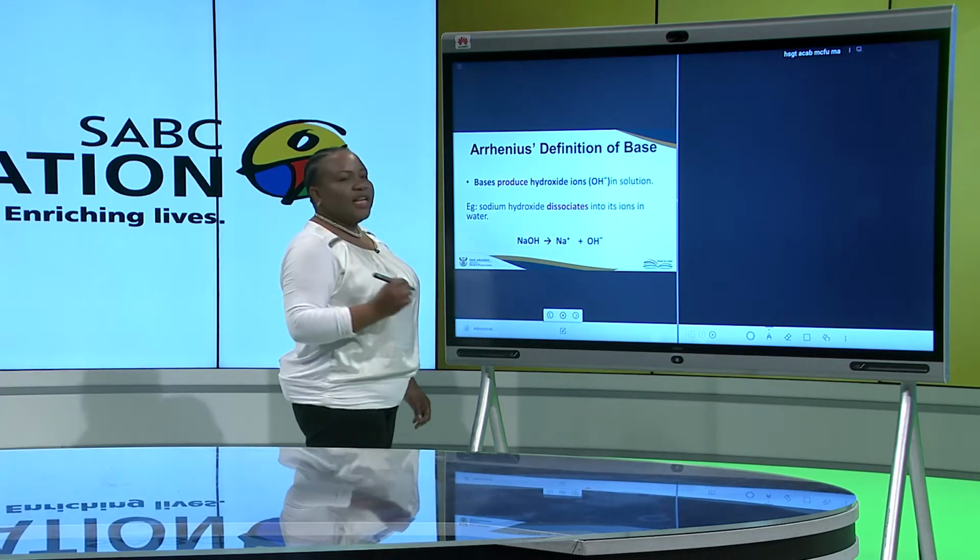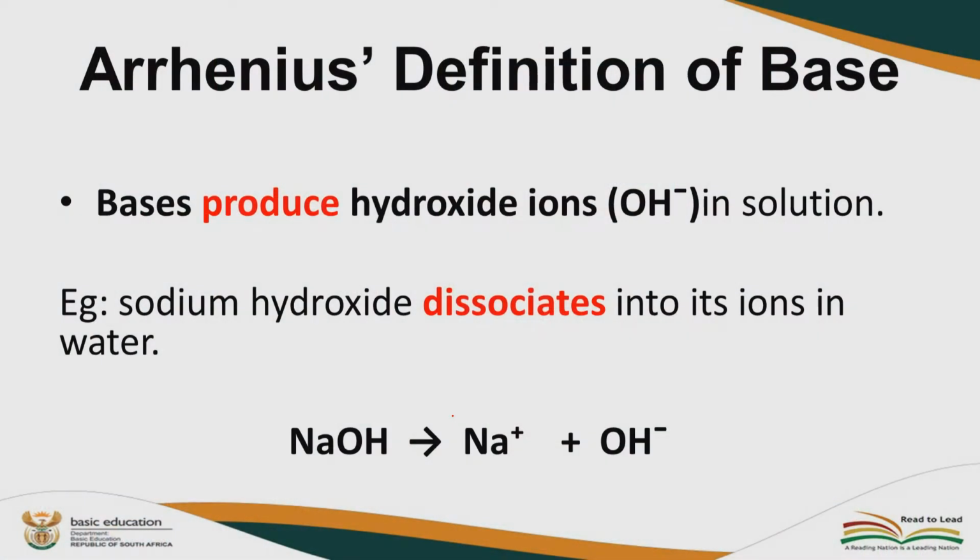Now, let's look at what a base does in terms of Arrhenius principles. Bases produce a hydroxide ion in a solution, meaning that for you to say a substance is a base, according to Arrhenius, a hydroxide ion must be produced.